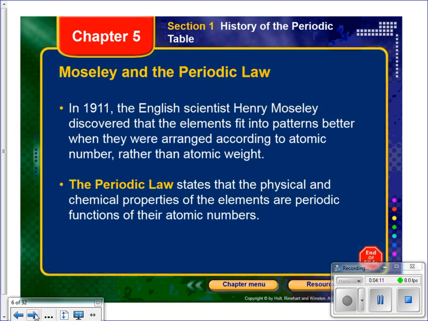So this kind of leads us to the periodic law, and it says that these patterns that we find, or these properties that these elements have, are in order of function by their atomic number. So as the atomic number increases, some of these periodic properties will also increase or decrease.